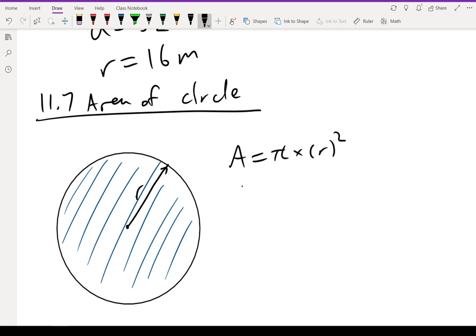Now, the reason I put a bracket is I don't want you to accidentally square the pi as well, because the square only applies to the radius and not the pi. So remember this equation, area is equal to pi r squared.